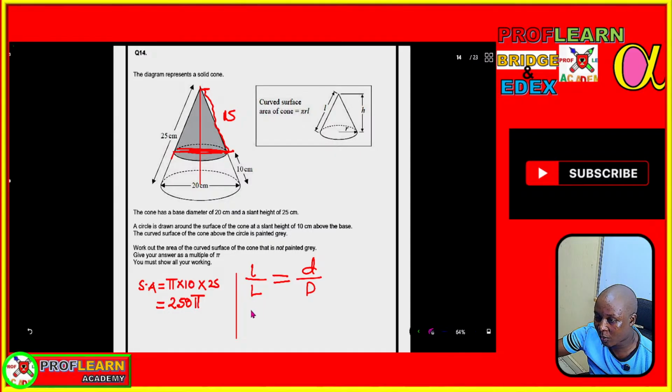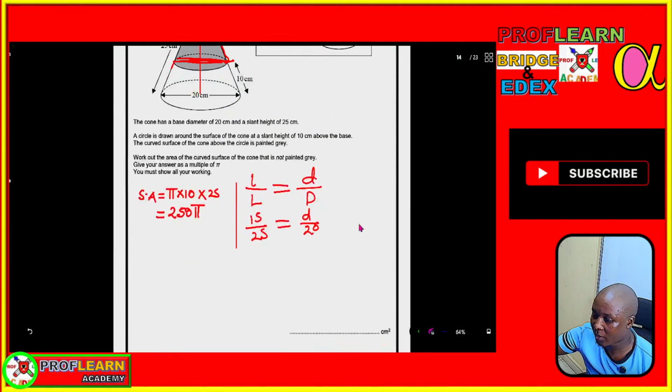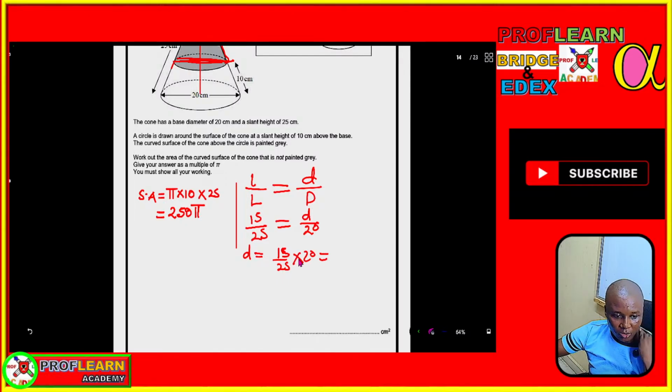Then 15 over 25 is going to be equal to d over 20. So d is going to be 15 over 25 times 20, and if we work this out, we get 12.